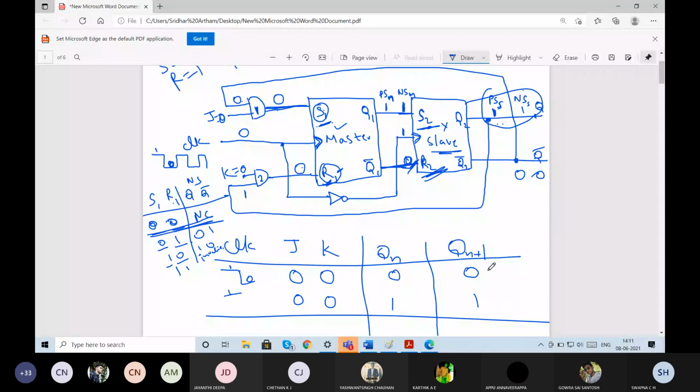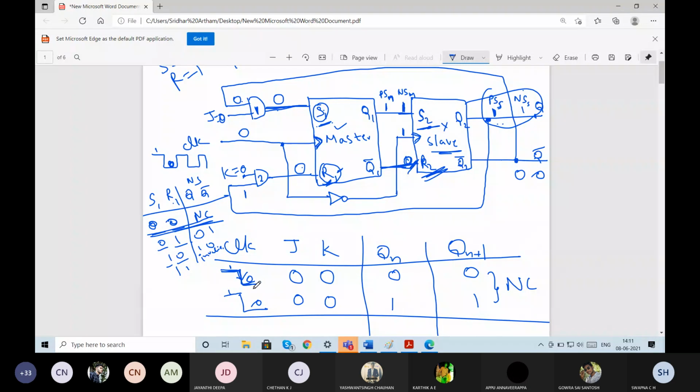Okay, I'll just do one more case. We'll see. See, the complete state of this master slave JK flip flop is changing only when you have the complete clock cycle. Okay, when it is changing from 1 to 0, then only the output is changing, the output is getting affected. It is going to the next state.